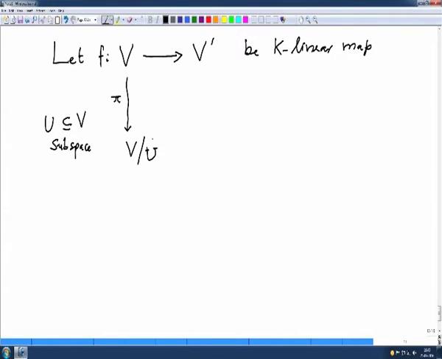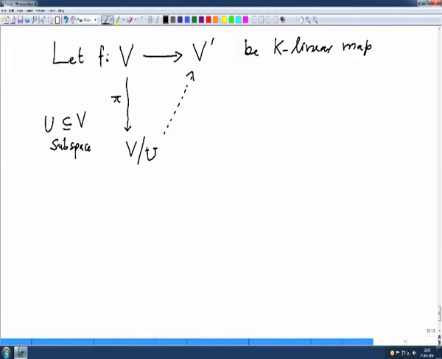Now, how are you going to compare this? That is what I want to analyze. When can I define a map from here to there? I am looking for a map from here to here, so that this diagram is commutative. That means, when I go from V to V prime by F, I should be able to go from here to here like this composition. That is precisely the content. It may not exist always.